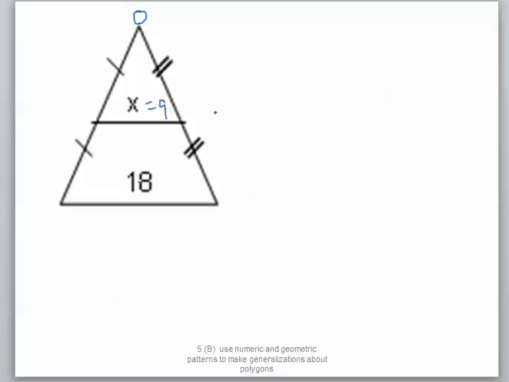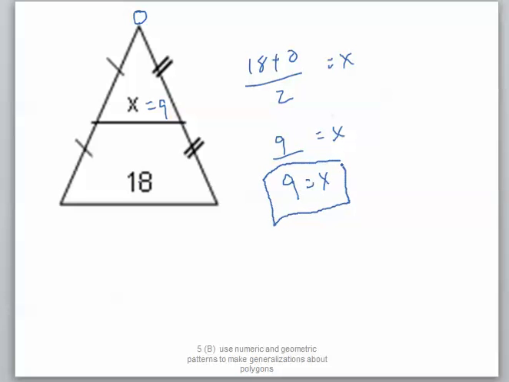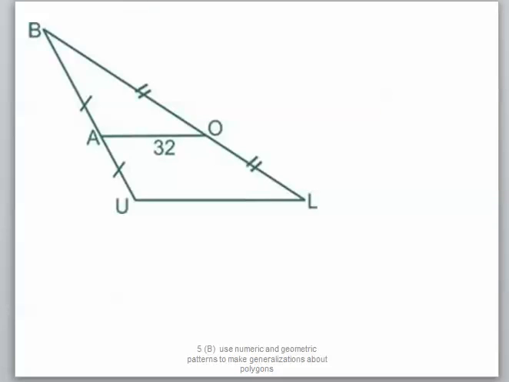So that one would equal 9. 18 plus 0 divided by 2 is equal to 9 divided by 1, which is equal to the mid-segment x. So 9 equal x is my answer. Okay? Or the mid-segment there. So nifty way of only having to remember one theorem to get both situations taken care of.